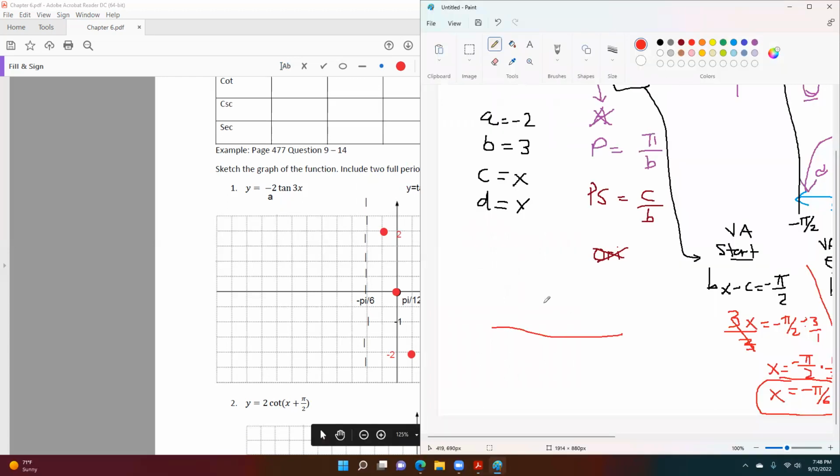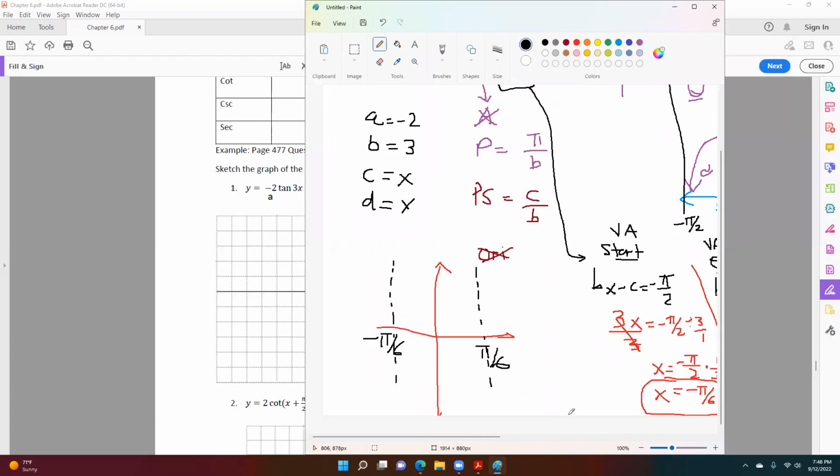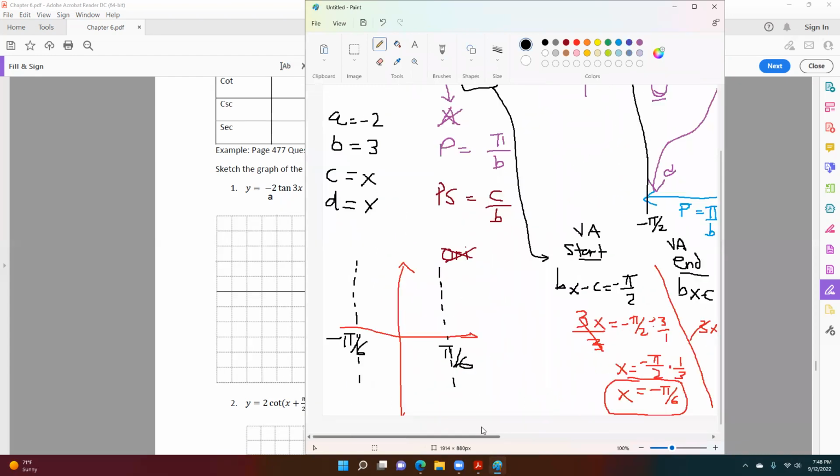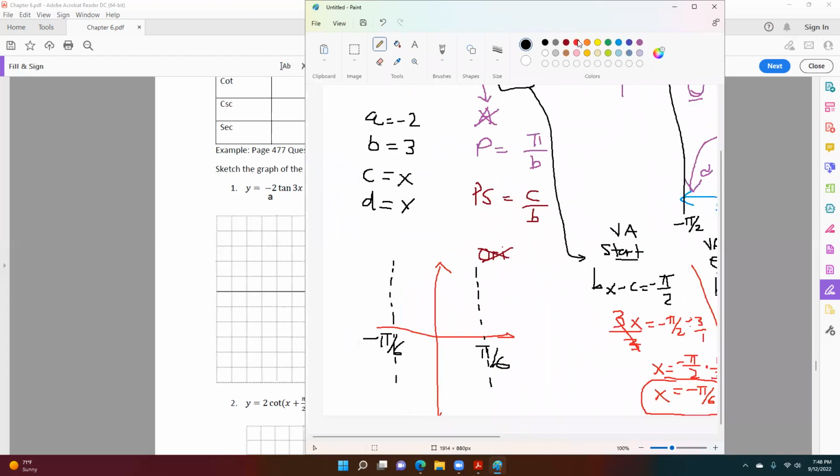So what happened is that you will have your vertical asymptote at -pi/6, and you have another vertical asymptote at pi/6. And how do you find that? By taking those two. And then you will have a 0, 0.